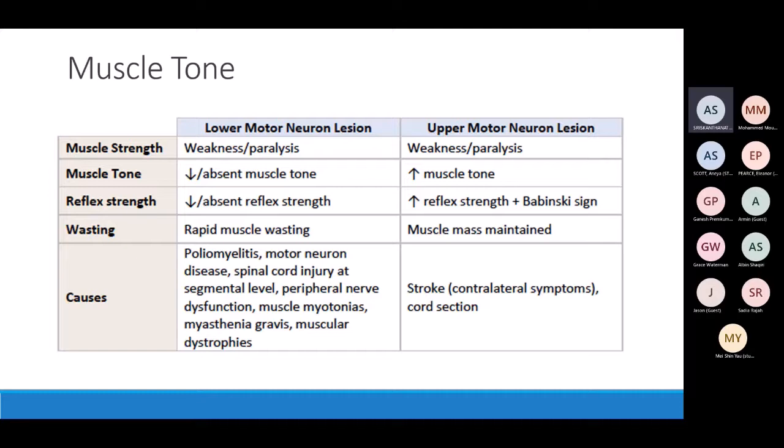The muscle mass is usually maintained because you've got this constant stimulation, and it's your upper motor neurons which help regulate this by almost dampening down that stimulation to stop your muscles from being overstimulated and contracted all the time. Which is why anyone with birth defects which have upper motor neuron lesions will just have their limbs in this flexed position where it's really, really stiff.